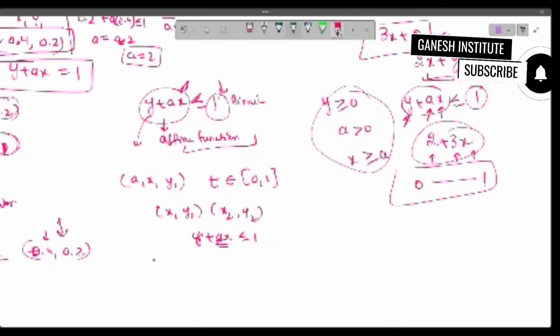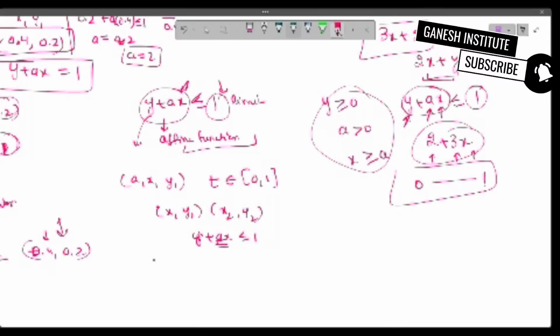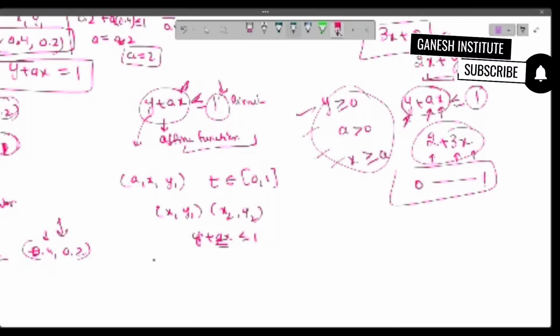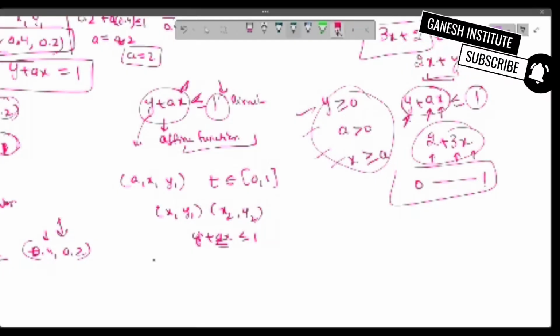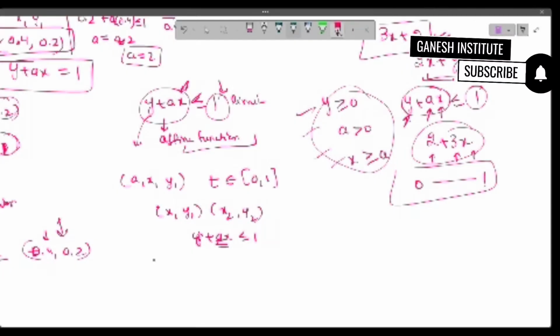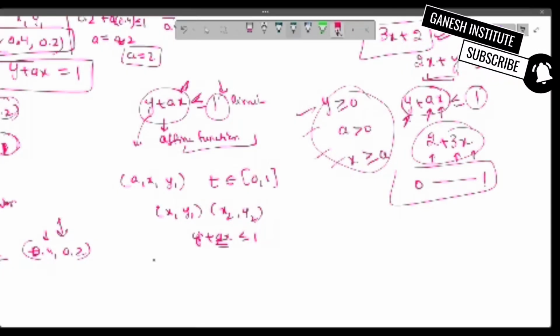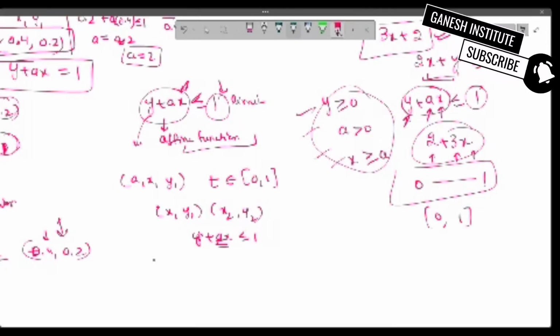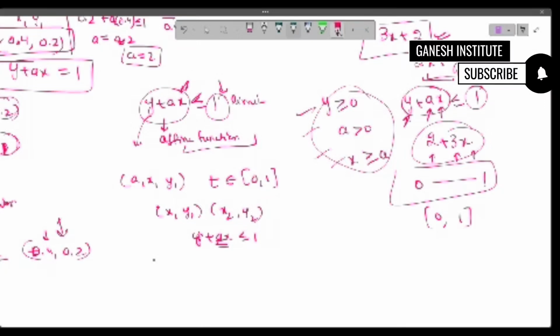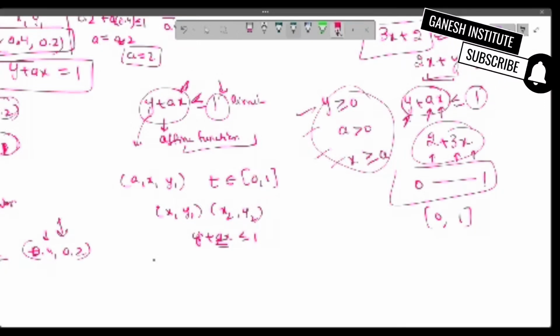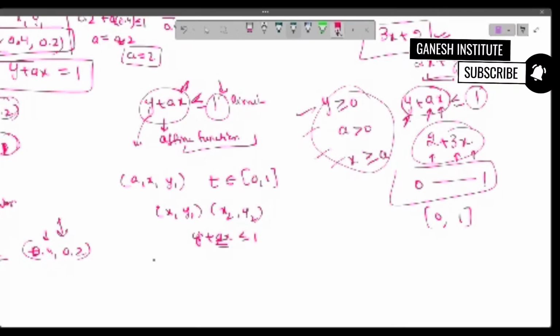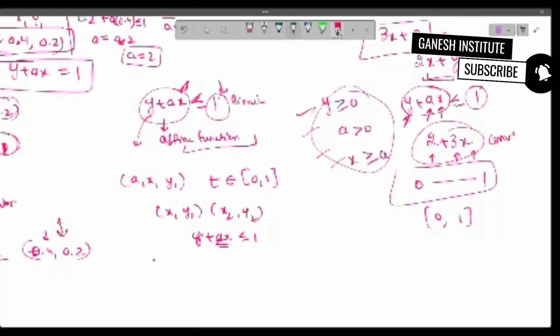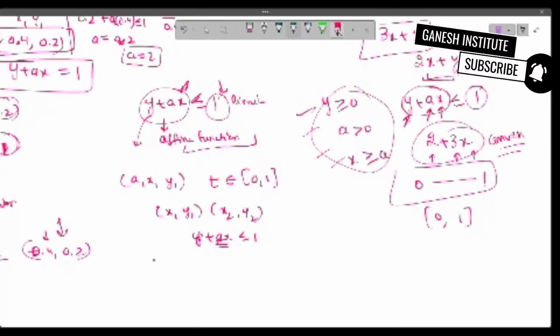This function will always give me, keeping these constraints in mind, everything is positive, everything will be in this manner, 0 and 1, and those are also closed intervals. So what do you think? It is still positive. It is convex. Are you getting my point?